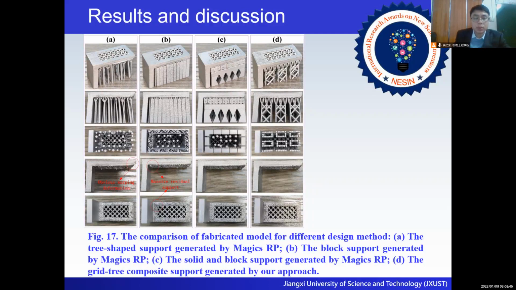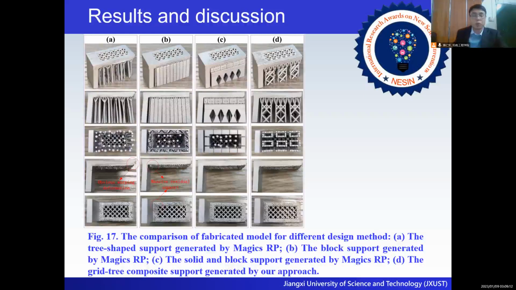One-sided deformation, like we can see in Fig 17A, and the model supported by block support structure has massive residual support after the support removal, like we can see in Fig 17B.